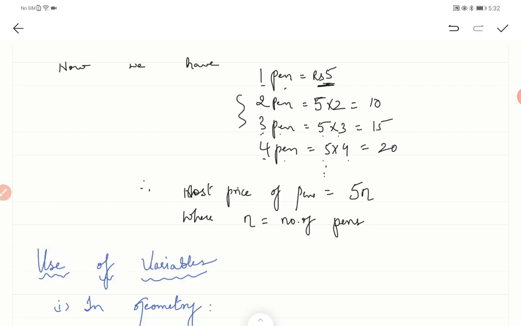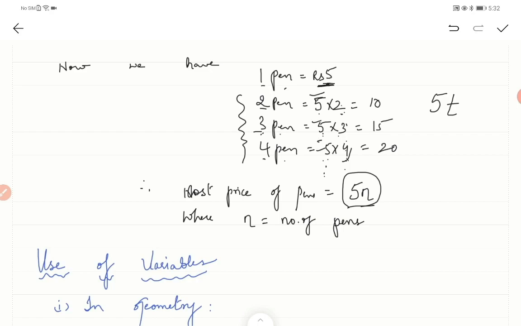Observe this pattern. We have 5 in common, right? And the number of pens you want, you multiply with that. So 5 into, take any variable, let me take it as t here. In general I will take the cost of pens as 5t, or 5n, 5x, anything. This is the variable, since it keeps changing. The 5 is a constant, right?